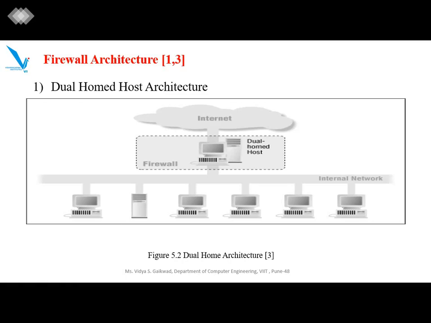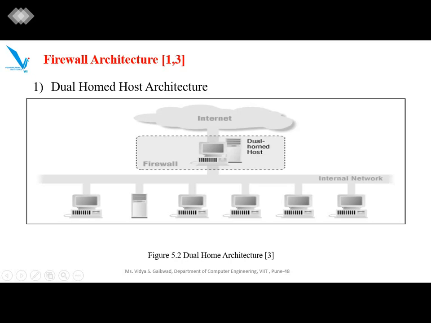Not a single packet is allowed without the consent of this dual home host. If the rule is designed that does not allow the packet to flow between the internal and external network, then all the packets are blocked by the dual home host.